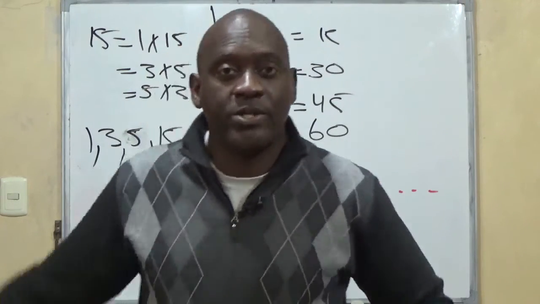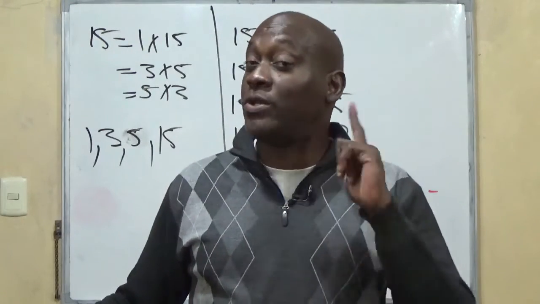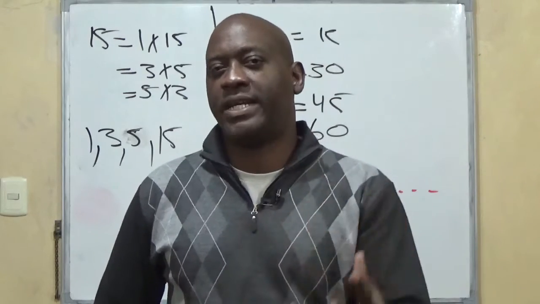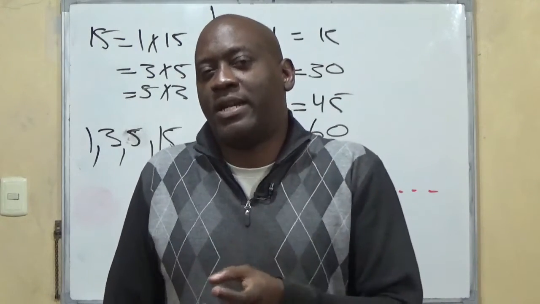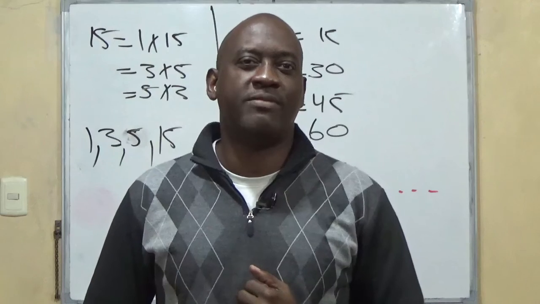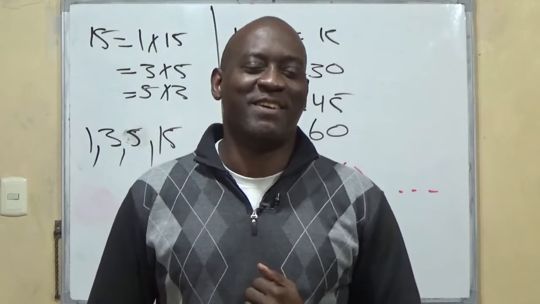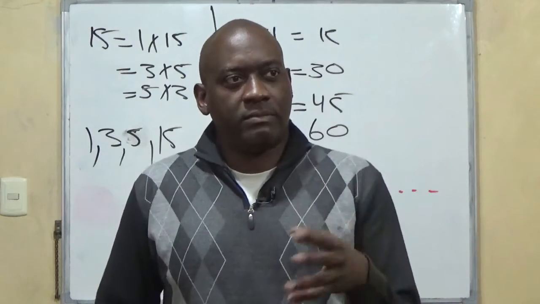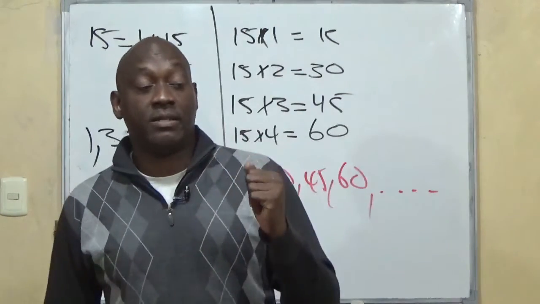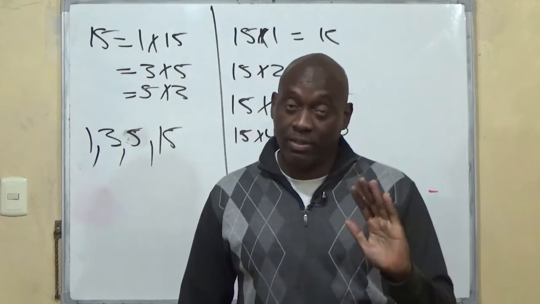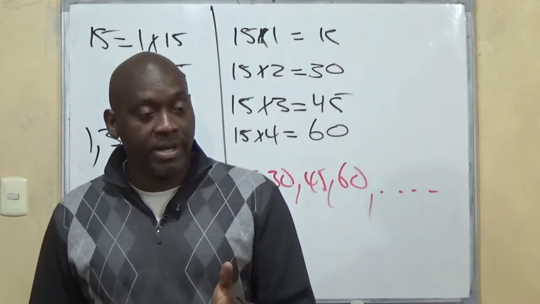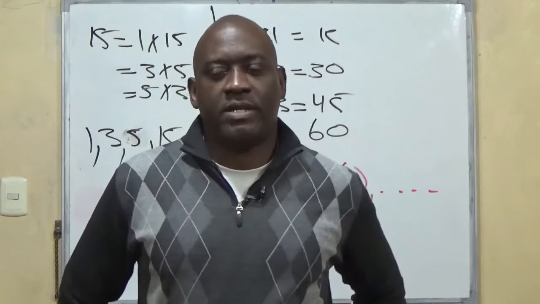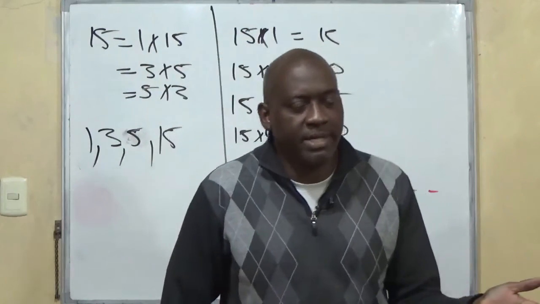Now I went through all the procedures there without using the word divide, so that you understand how to get the factors and what it is, and now at the end I say, yes, what we did was divide. Because we divide 12 by 1 and realize that you get a whole number, so yes, 1 is a factor. We divide 12 by 2, you get a whole number, so 2 is a factor. 12 divided by 3, etc. If you had to use 15, you divide 15 by 1, always get back the same number.